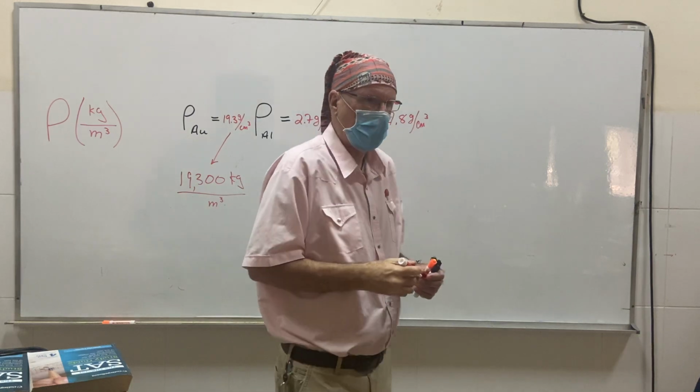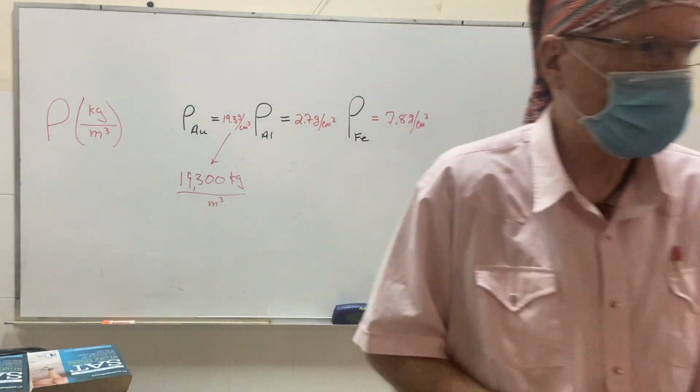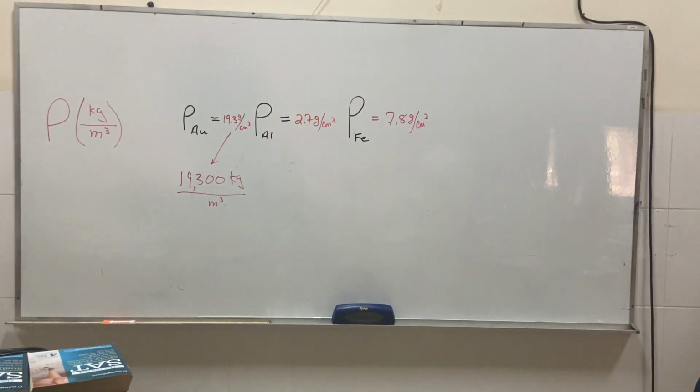Now make sure you look it up. Densities of elements, kilograms per cubic meter, just like that.